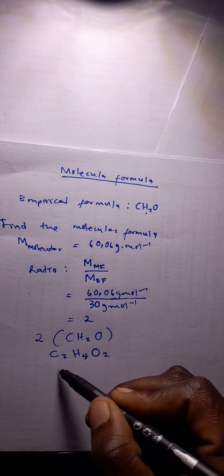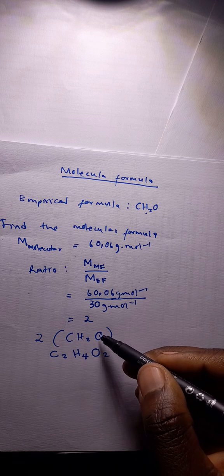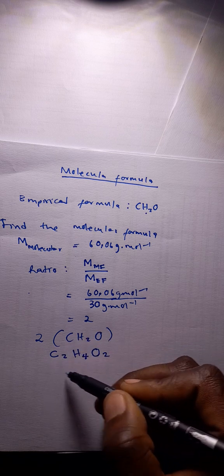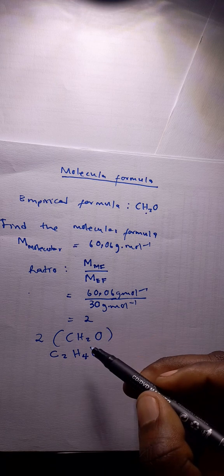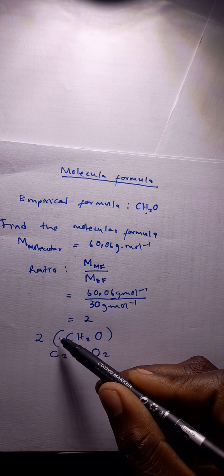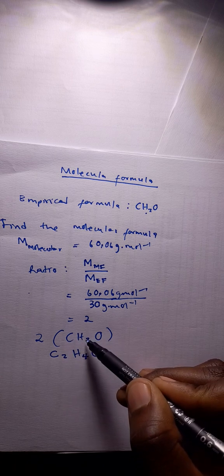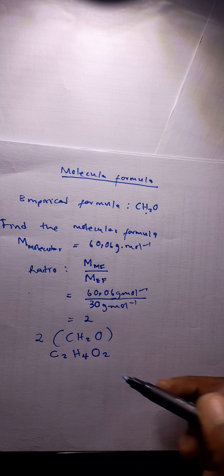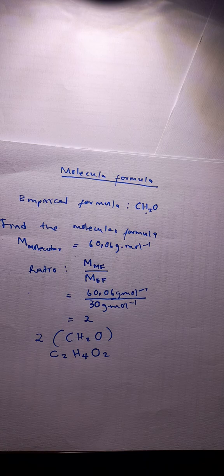Actually, before it was simplified, it looked like this, and that's when you got your empirical formula, because it's the simplest form of this. That's what it actually means. So the molecular formula of this empirical formula is C2H4O2. I wanted to add that.